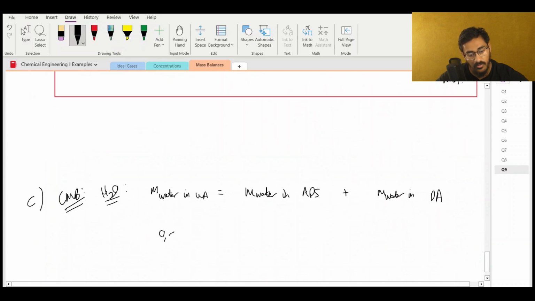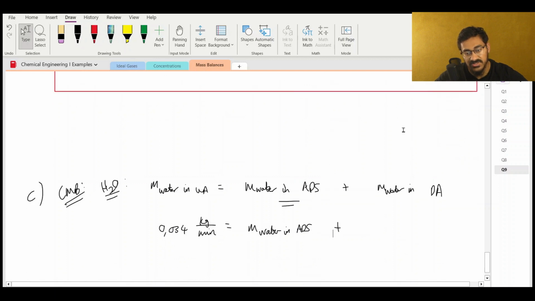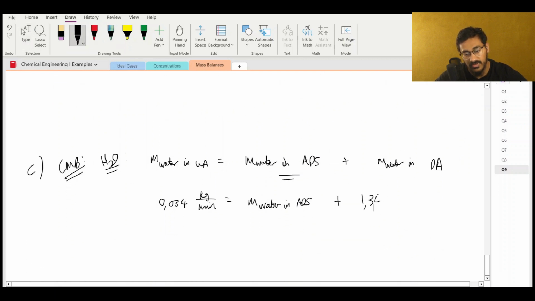Okay, so that's 0.034 kilograms per minute. We don't know how much water is in the adsorber. And then the mass of water in the dry air stream, I also worked out. It was 1.34 times 10 to the minus 3 kilograms per minute.